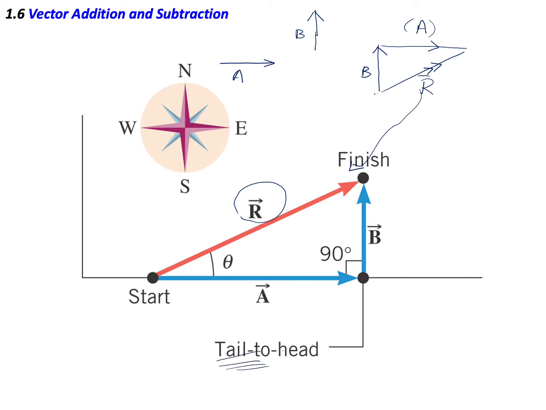So the resultant vector is the combination of all the vector additions. You start from the tail of the very first vector you chose to the head of the very last vector you chose. Let me show you another example with 3 vectors in the next slide.